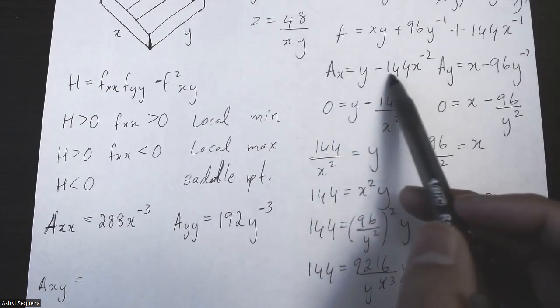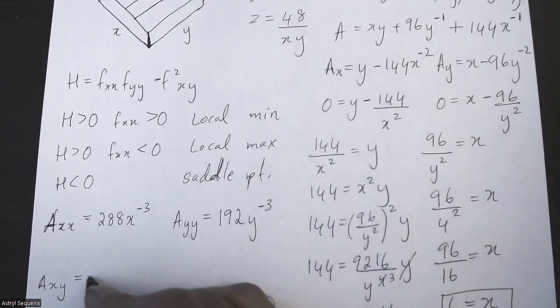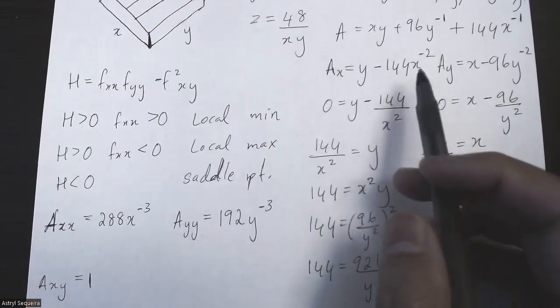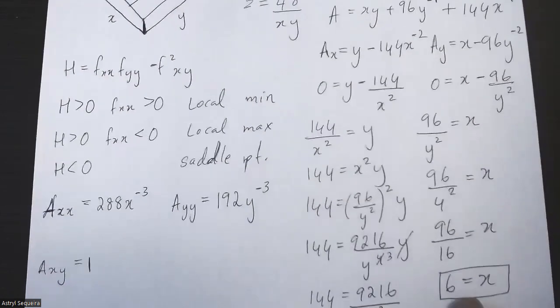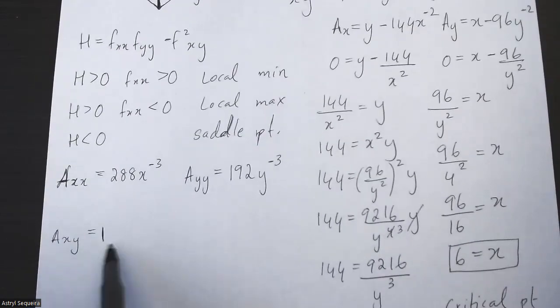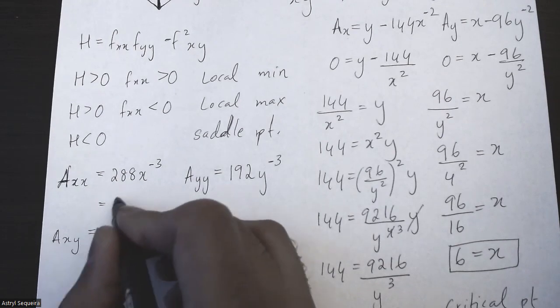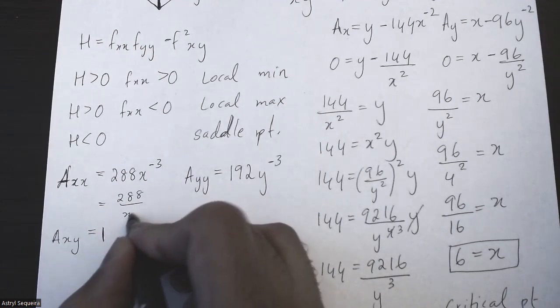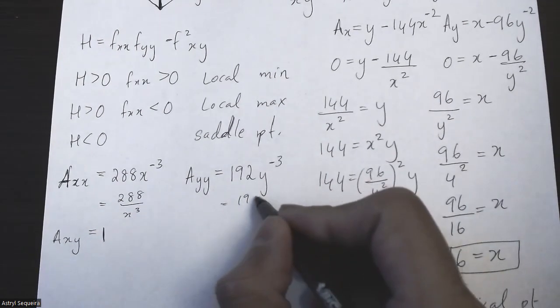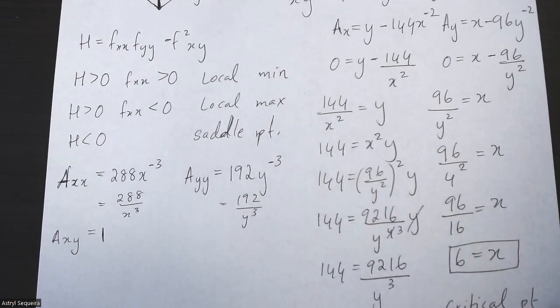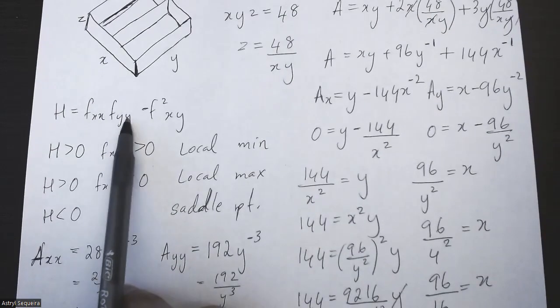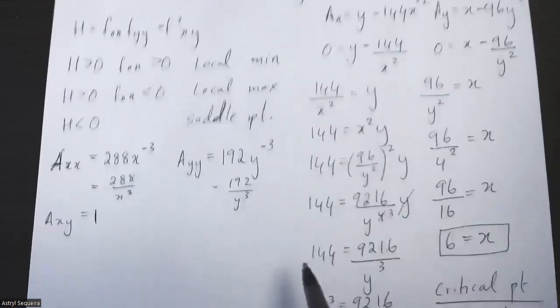If I derive this equation in terms of y, the derivative of y is 1. And the derivative of any constant, I'm pretending like x is a constant, is just 0. So that's my axy. These two I can simplify to 288 over x cubed and 192 over y cubed. Then I want to sub it into my Hessian equation, which is just fxx times fyy minus f squared xy.